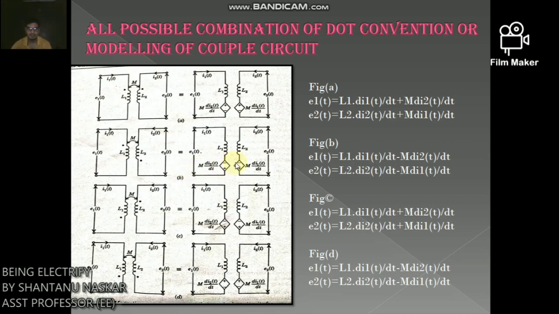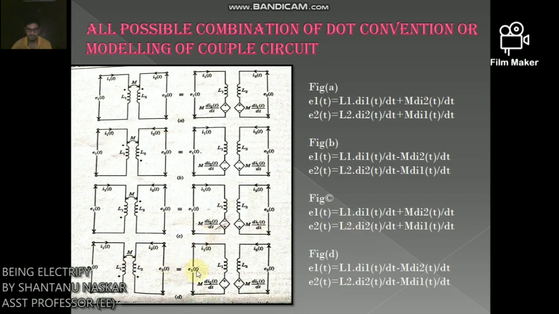Now figure C. What happened? E1(t) equals L1 di1(t) by dt plus M di2(t) by dt, or E2(t) equals L2 di2(t) by dt plus M di1(t) by dt.